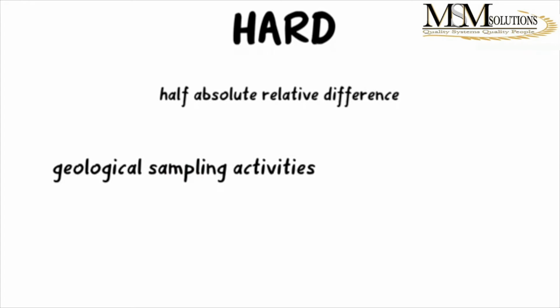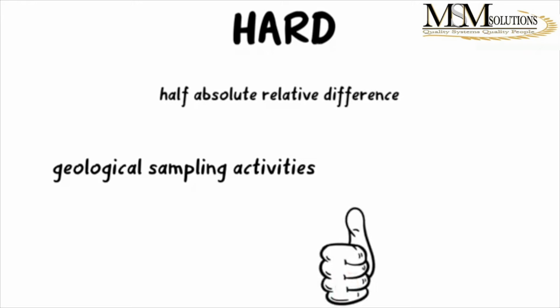What HARD does is it calculates the absolute difference between the 2 numbers divided by the sum of those 2 numbers. So compared to our percentage difference where we used the average of the 2 numbers, it takes just the sum, and then you multiply this by 100 to express it as a percentage. And then you compare this to see if it's within acceptable limits or not.